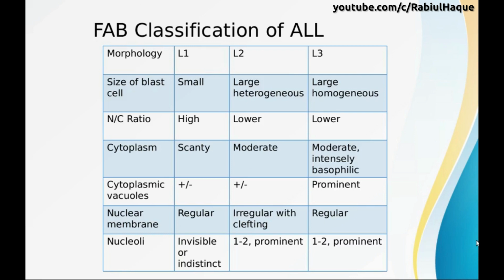The nuclear membrane is regular in L1, irregular with clefting in L2, and regular in L3. Nucleoli are invisible or indistinct in L1, however, in L2 or L3 they are prominent and usually 1 to 2 in number.